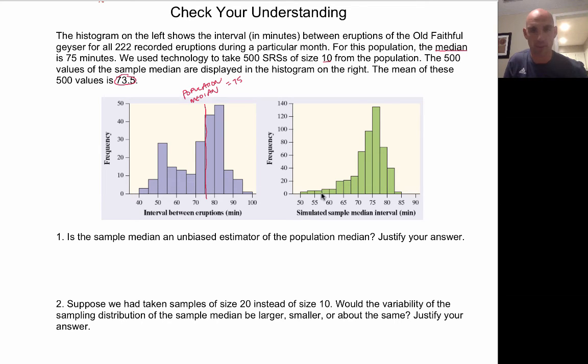Label this sampling distribution of medians. So these are sets of 10, right, so these sets of 10 here. Those sets of 10 give us an opportunity to pull a bunch of different types of samples.